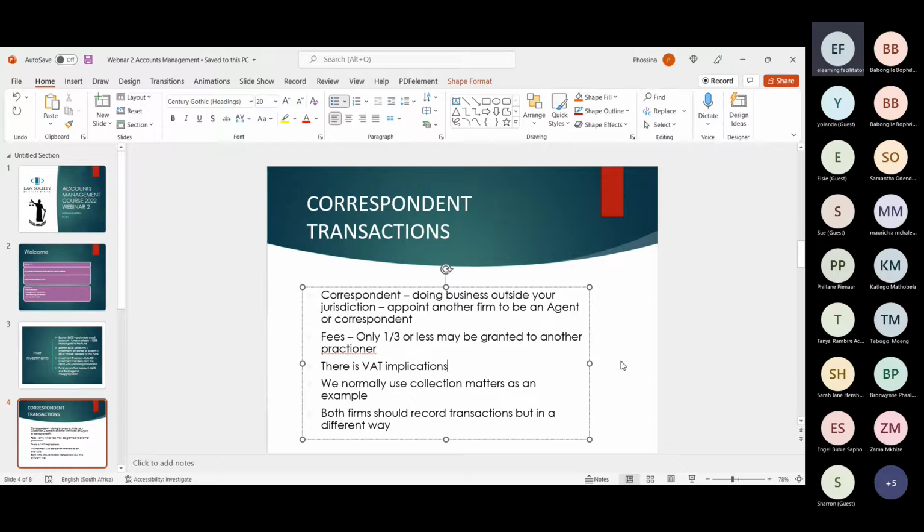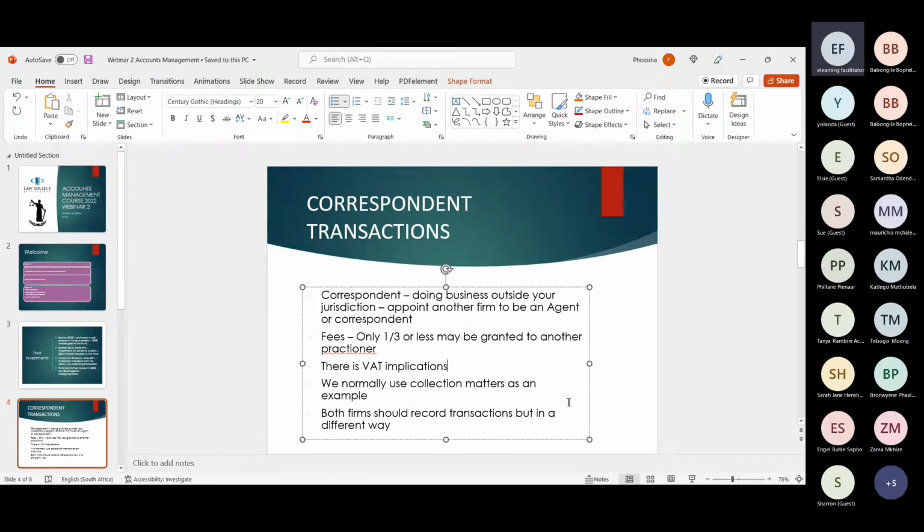That is where most of our challenges are when attempting our questions. We need to know how to apportion the 1/3 to the correspondent and the firm to retain its 2/3. The 1/3 would apply to both the fee and the VAT. So that is where the VAT implication is.